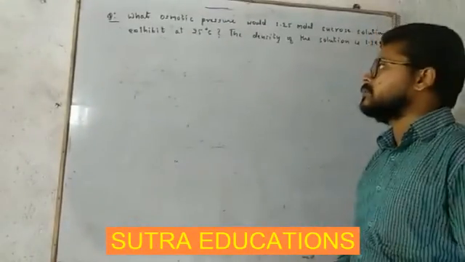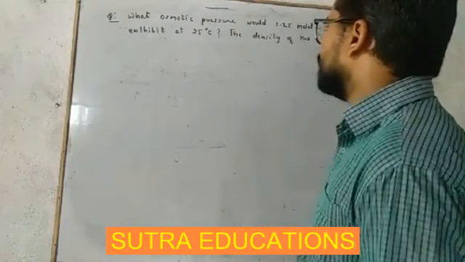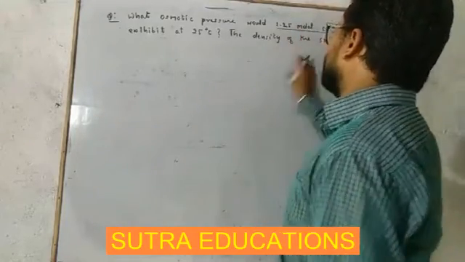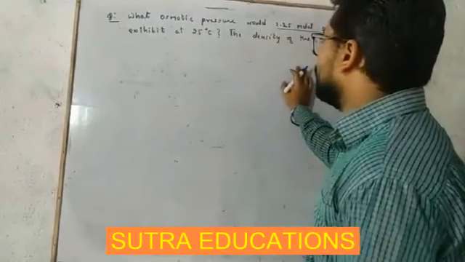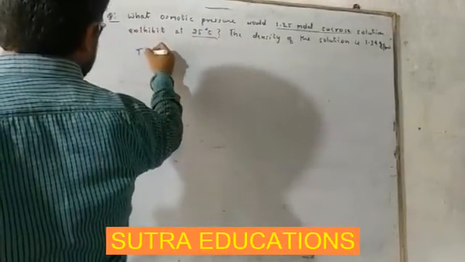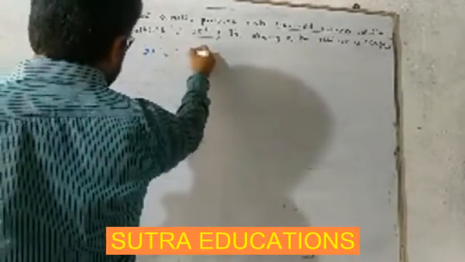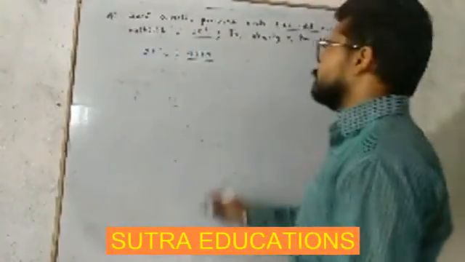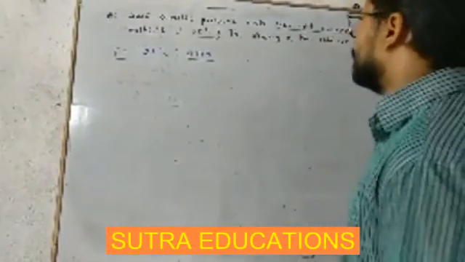Getting this? This time we have to calculate the osmotic pressure of 1.25 molar sucrose. So what to do? 25 degrees Celsius means 298 Kelvin. So the temperature we know. We have to calculate osmotic pressure.